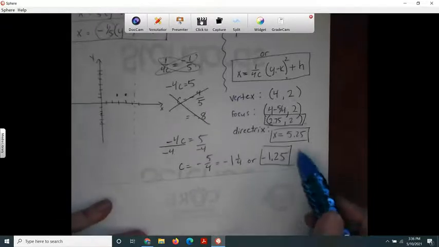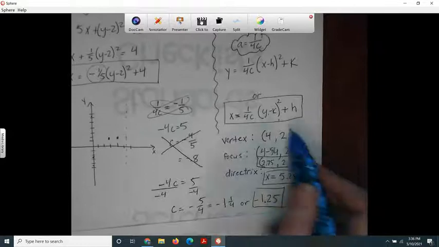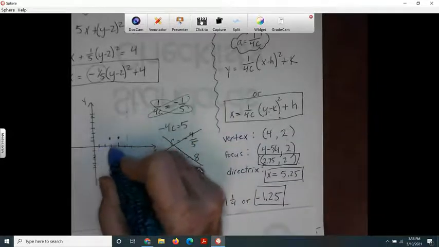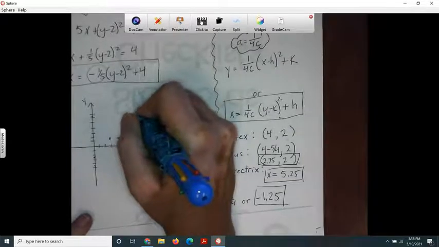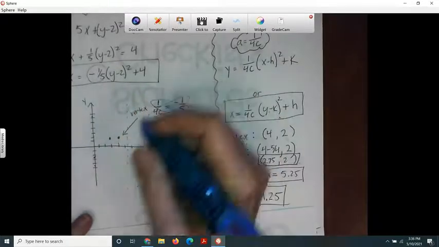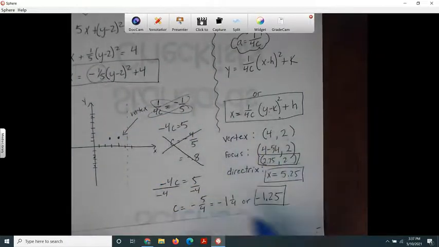I can put my vertex in right now because I know that my vertex is 4, 2. So I just wrote 1, 2, 3, 4, 2. This thing right here, that's my vertex at 4, 2. And then I know the distance, c, is negative 1.25.